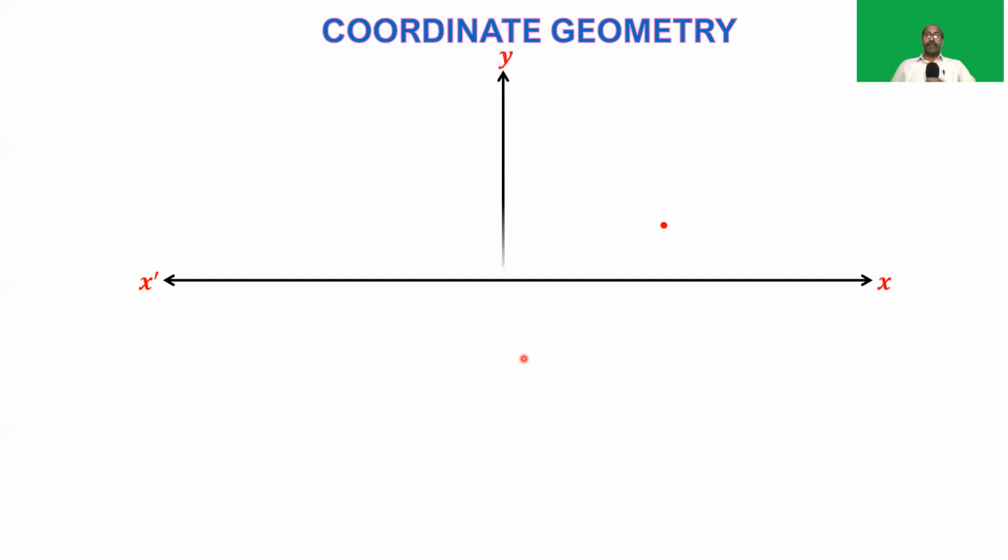So we divide the plane into 4 parts using 2 lines, and the horizontal line is called x-axis and the vertical line is called y-axis. And the common point of these two axes is called origin and is denoted by O. Here we are looking at the origin, which is the intersection point of x and y axis.